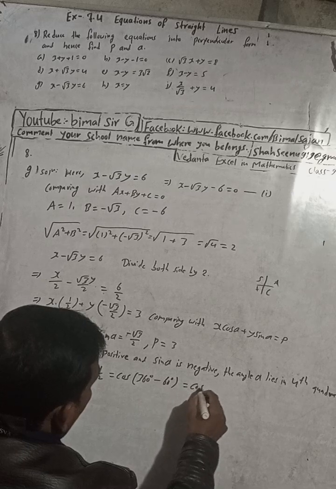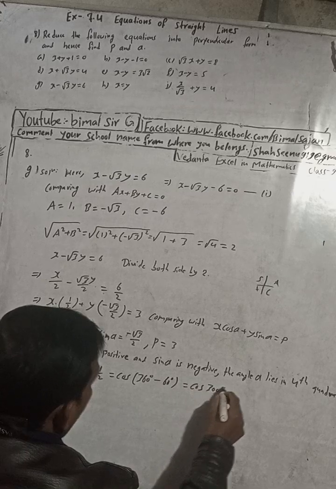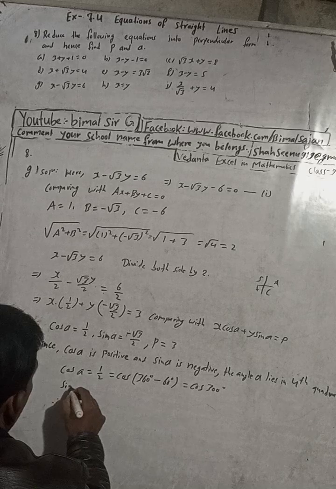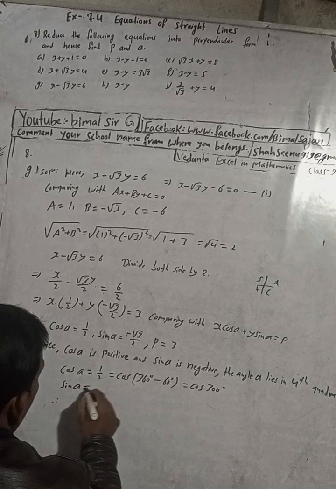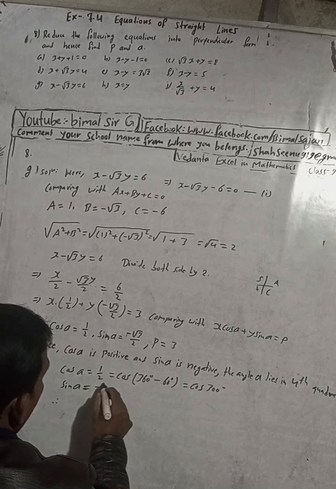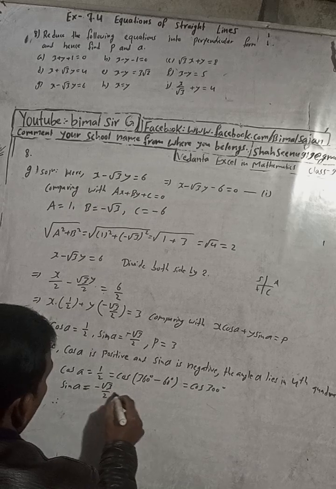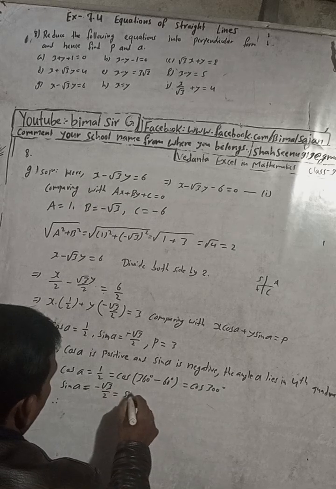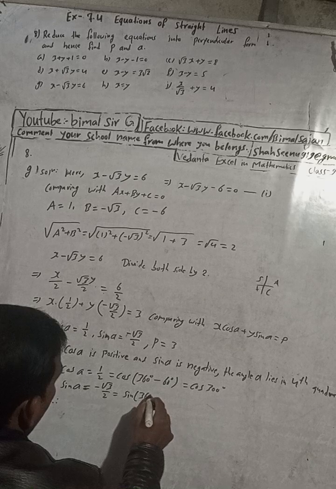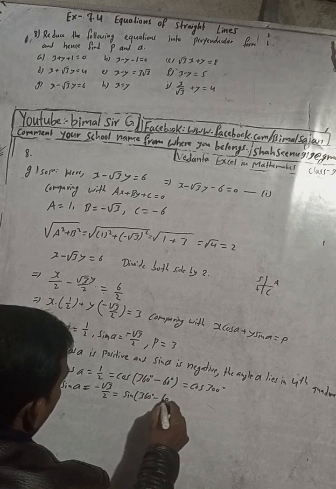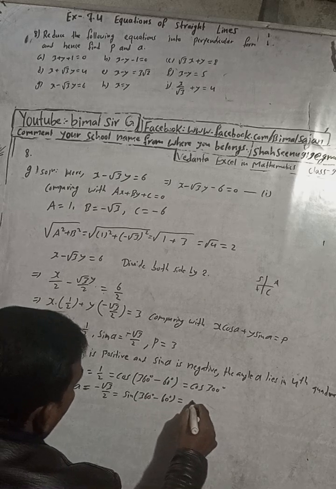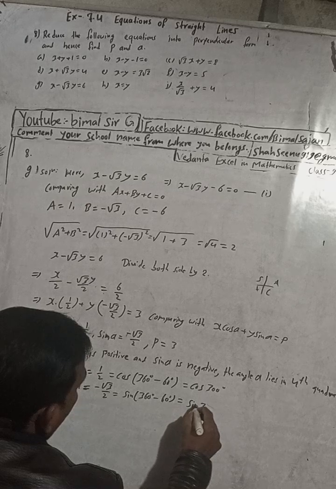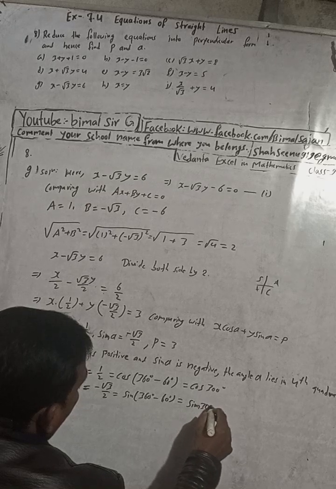So this can be written as cos 300 degree. And the same way sin alpha value is minus root 3 by 2. This can be written as sin 360 degree minus again 60 degree. So this is equal to sin 300 degree.